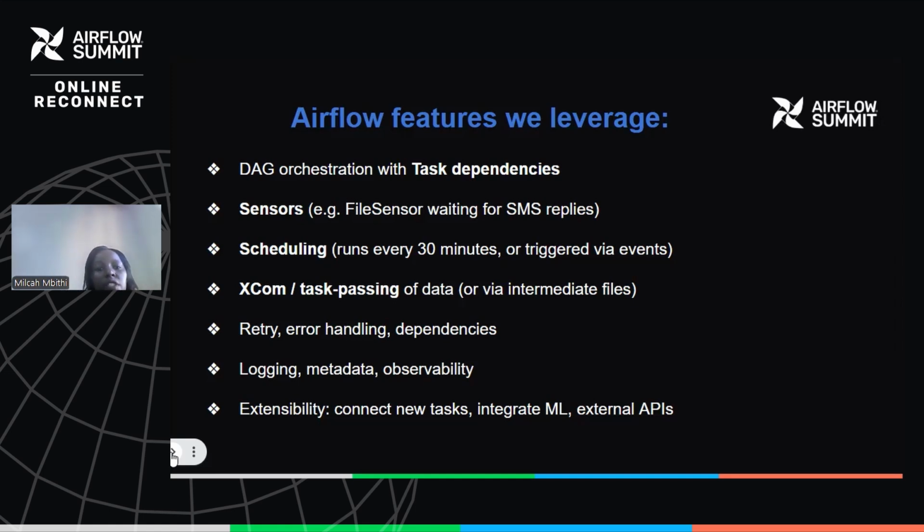Another feature which makes Airflow better in the project is the extensibility, which is basically the flexibility in expanding, like connecting new tasks using machine learning, external APIs, and even expanding the project to handle more data.